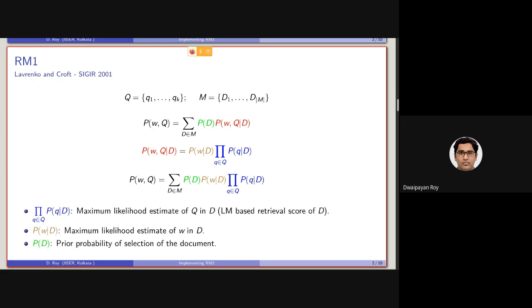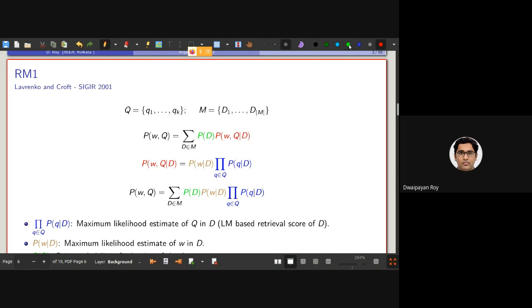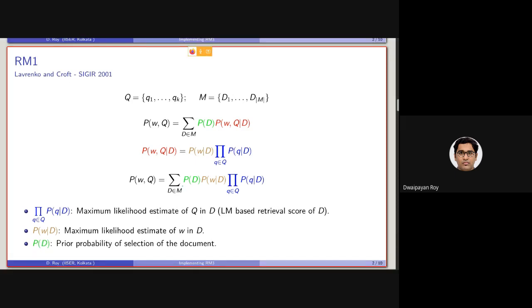Here, P(D) is the prior probability, which we said is mostly considered uniform, and hence is ignored while computing the term weight. But it can also be replaced with some prior probability, like the PageRank of the particular document, which indicates the importance of this document.